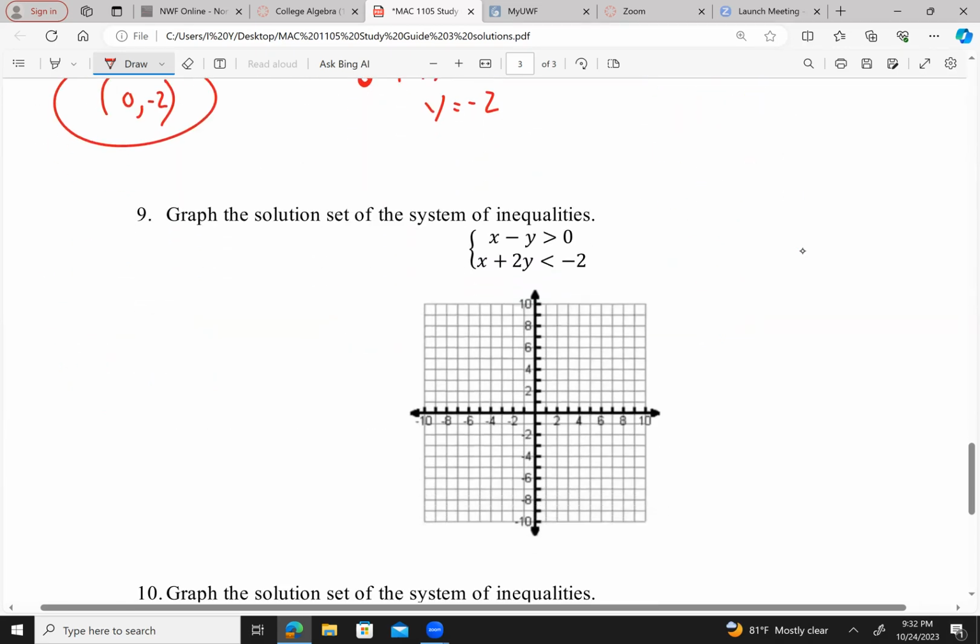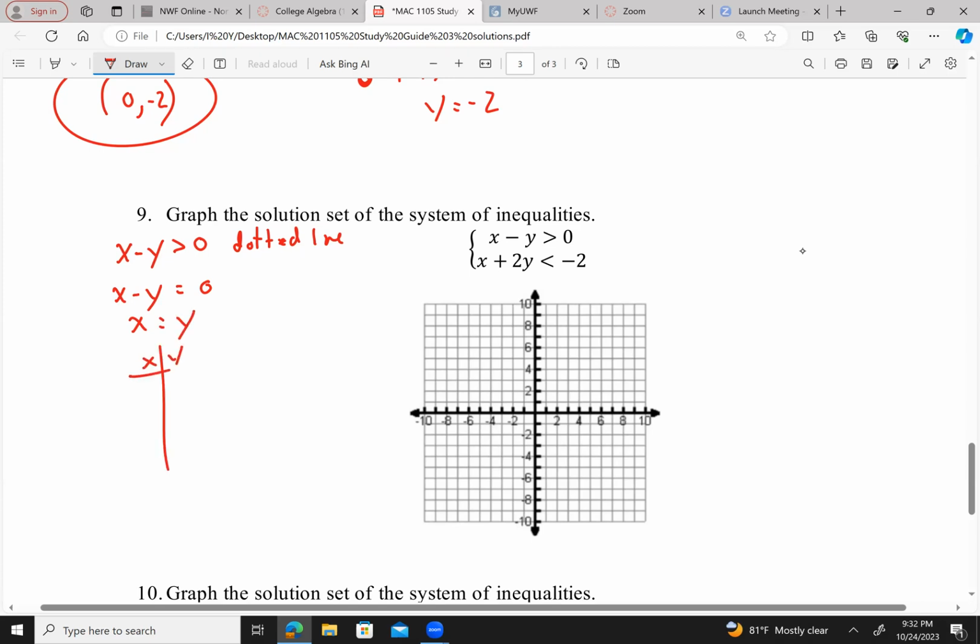Okay, now we're going to graph the solution set of a system of inequalities. Then we'll start with x minus y is greater than 0. First thing we do is note it's strictly greater than, so we're having a dotted line. Go ahead and change it. And basically we have x equals y.